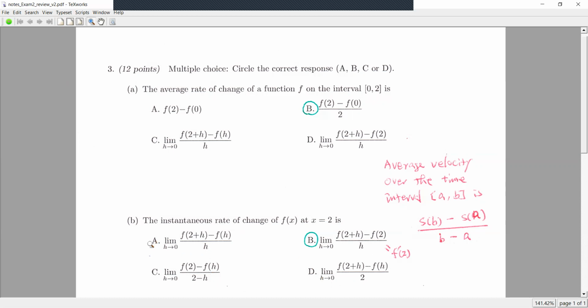The limit in A here should be 2. The limit in C here, h should approach 2 rather than h approaches 0. The limit in D here should be 2, and the bottom should be h. So the answer is B.